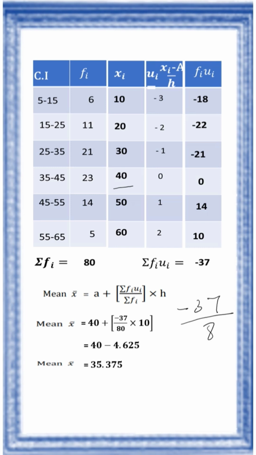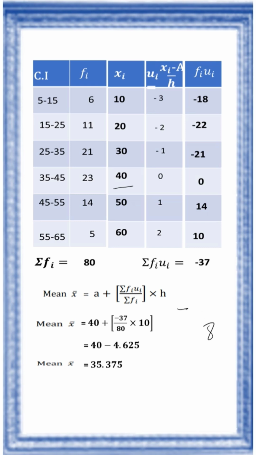Here the negative sign, this one. 8 4s are 32. I have written here. Carry 5. 8 6s are 48. Carry 2. 8 2s are 16. Carry 4. 8 5s are 40. Sorry, 8 5s are 40. 40 minus 4.625, what is it?